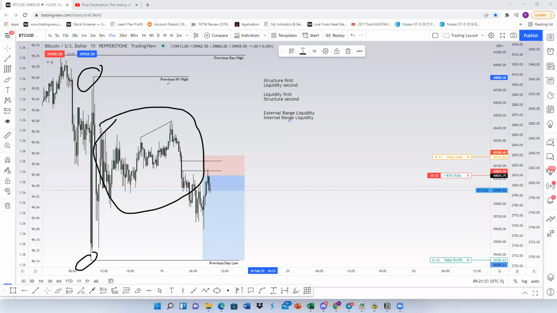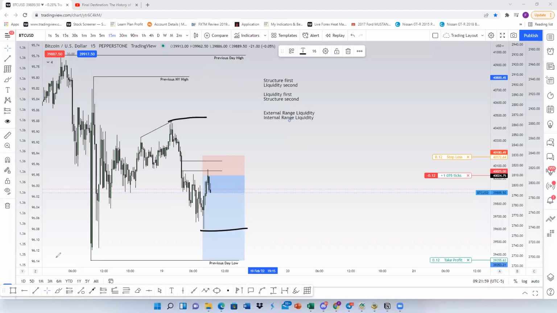It's internal to this massive range, this high to this low. It is external, correct? But it is external to what? It is external to these internal liquidity pools. It's external to these small internal range liquidity pools that exist inside of this high and this low.